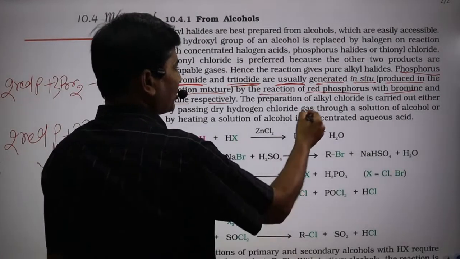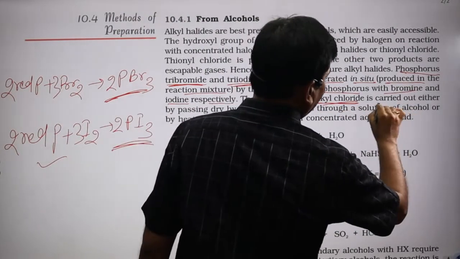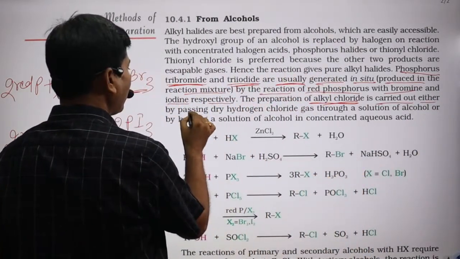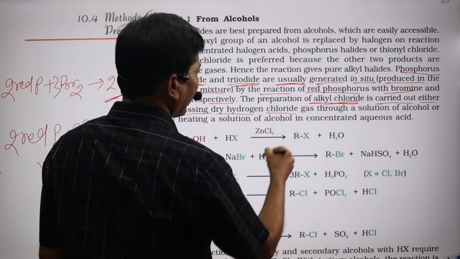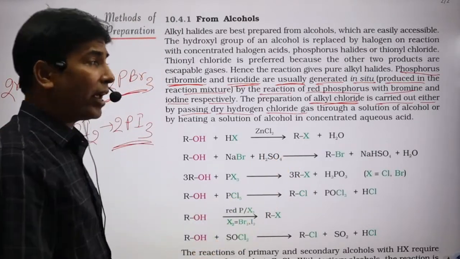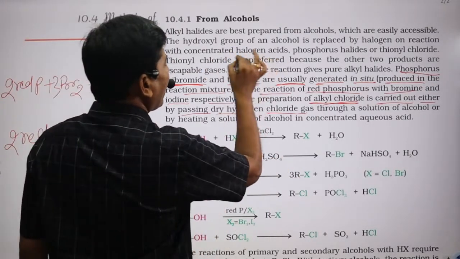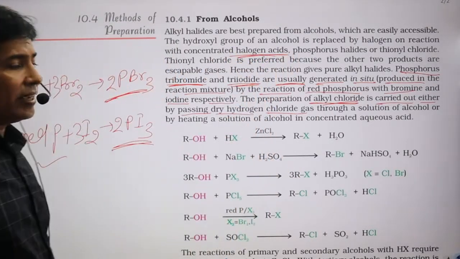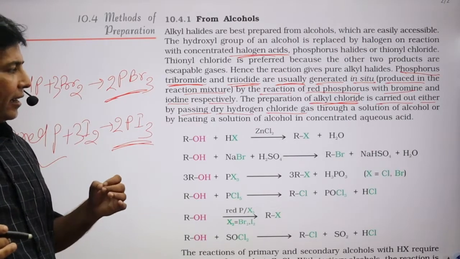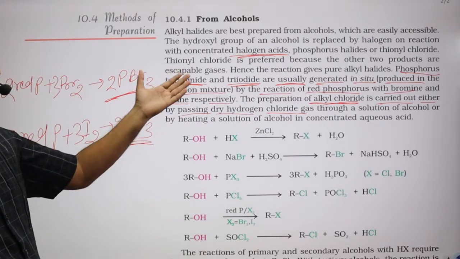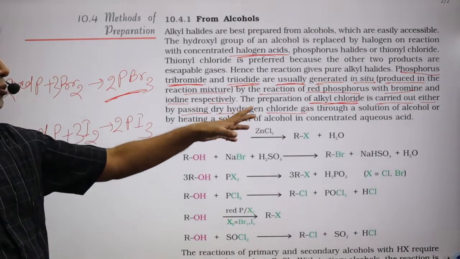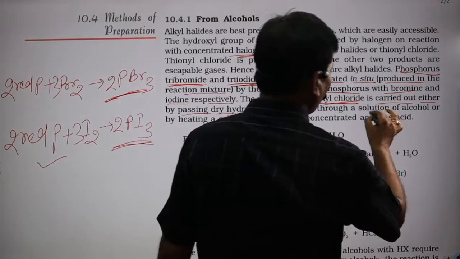Next it says the preparation of alkyl chloride is carried out either by passing dry hydrogen halide gas, which is nothing but a halogen acid, through a solution of alcohol.